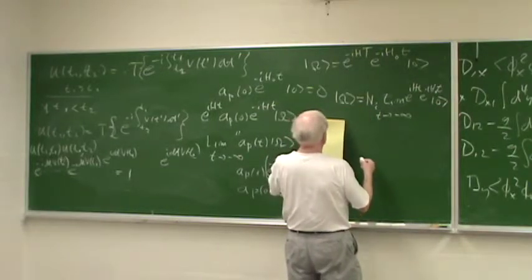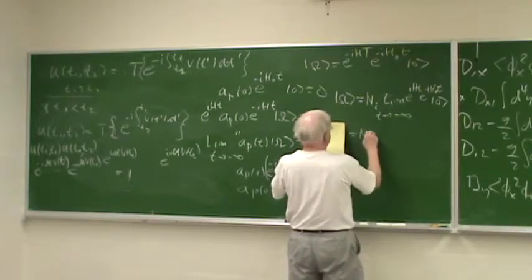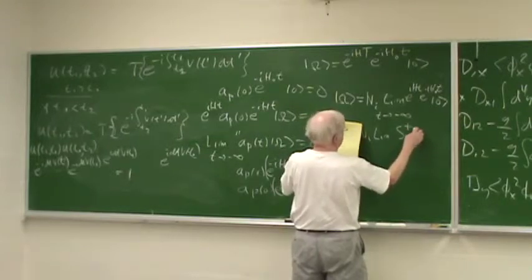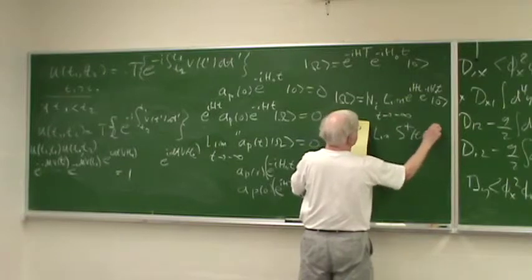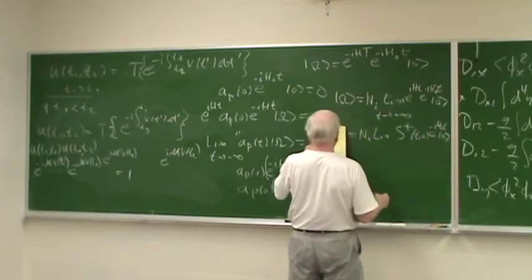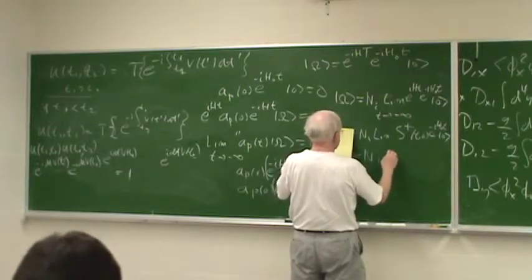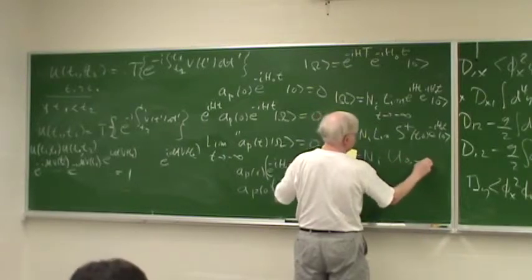And this thing here is N_in times the limit of S dagger of t and 0, e to the minus i H0 t, on 0. And another way of writing it is N_in times U of 0, minus infinity.